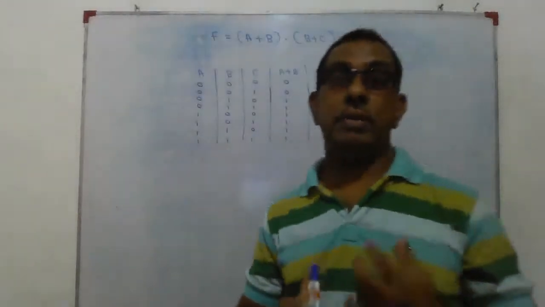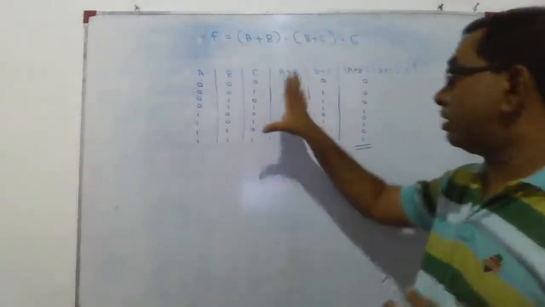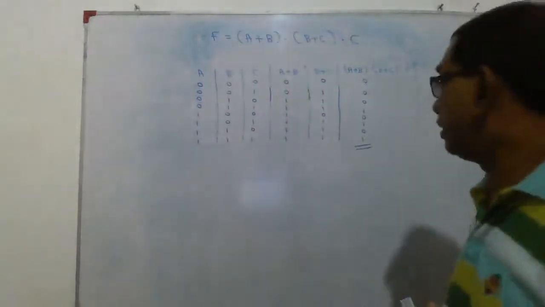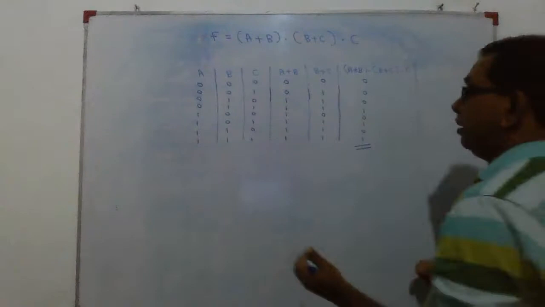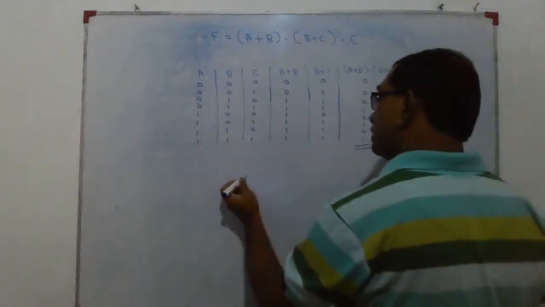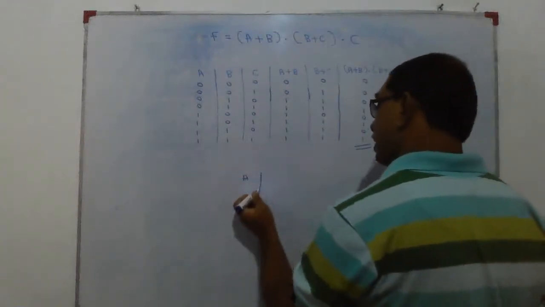So as I told you, in most of the cases, this truth table is okay, it is correct, but I would like to show you another table. Here, see the second truth table, you get the idea here.